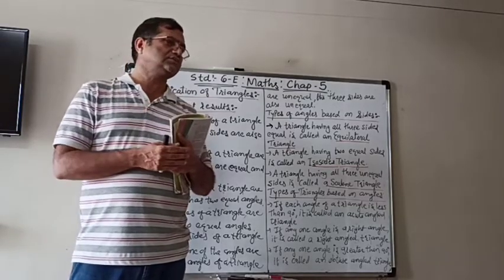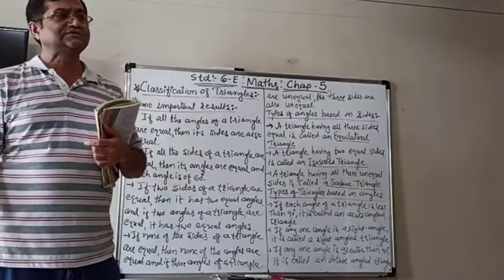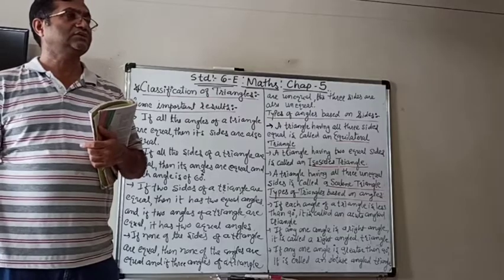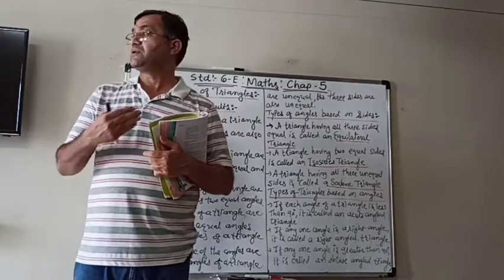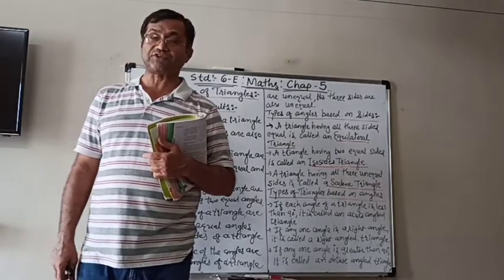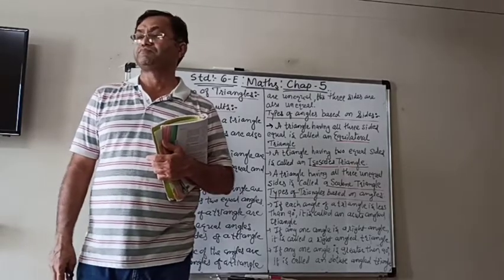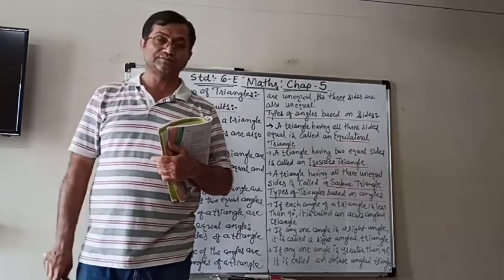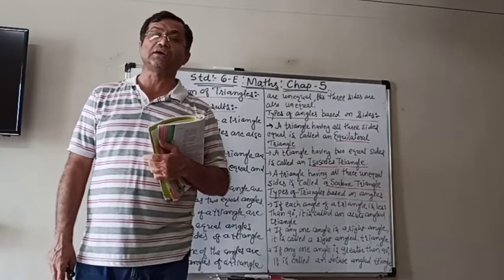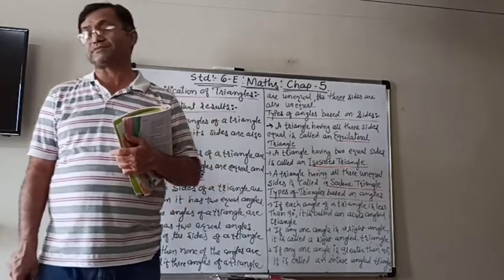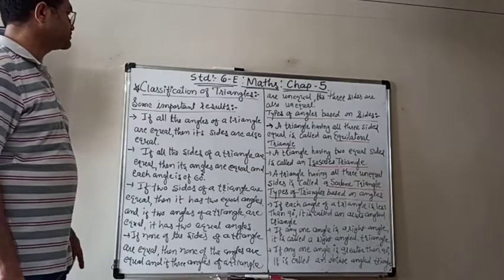On the basis of that observation, some important results are extracted. I am going to explain those first, and then we will talk about the types of triangle according to the sides and according to the measure of the angles. So first of all we will learn the important results.